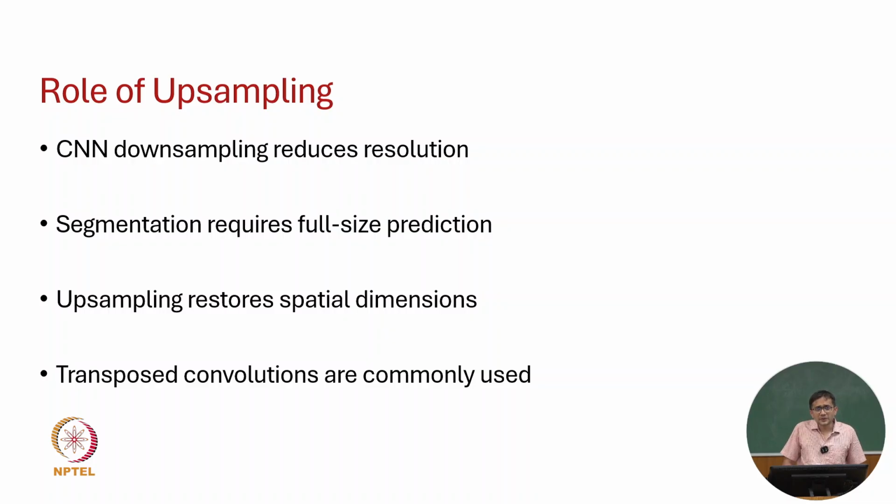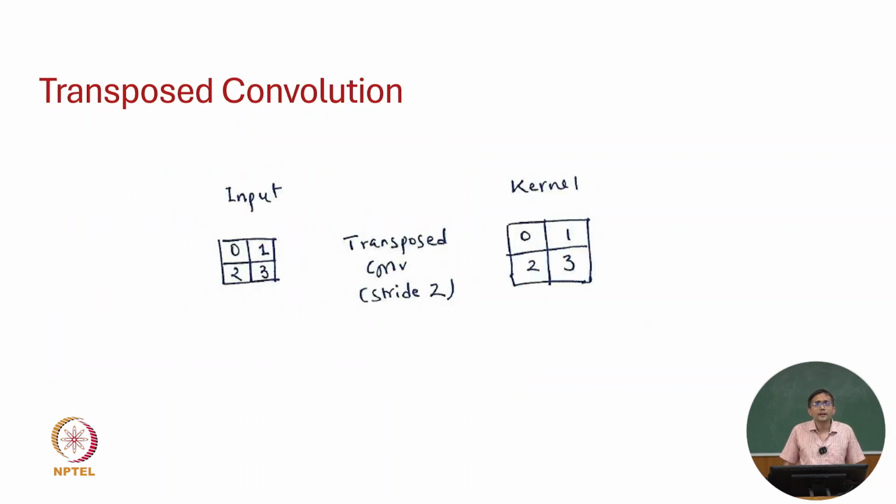And for this purpose, what is generally used is something called transposed convolution. So we have already talked about convolution. Now we're talking about transposed convolution. Okay, so let us see some example to understand how it would work.